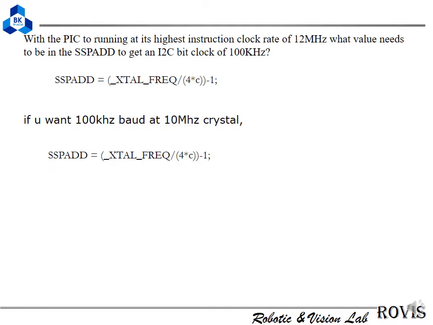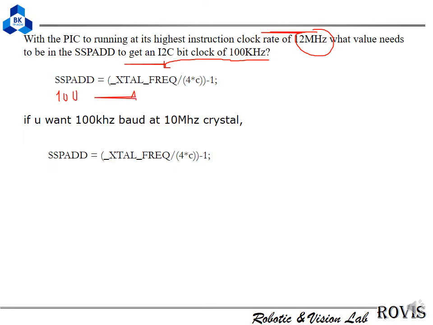For example, we have a crystal of 12 megahertz, and we want to generate the I2C communication with a speed of 100 kilohertz.